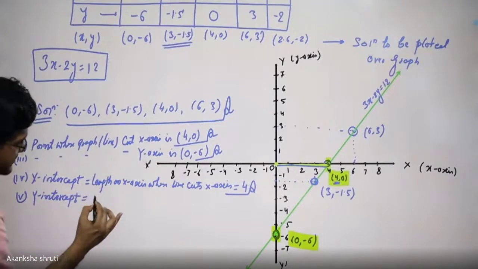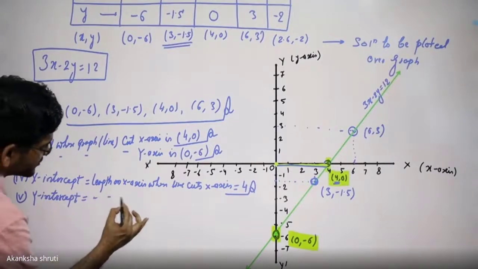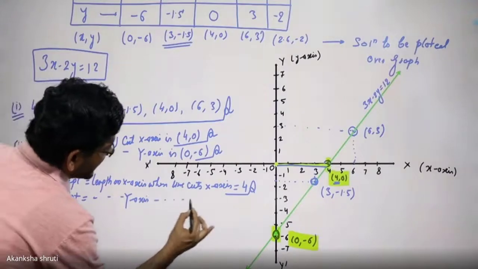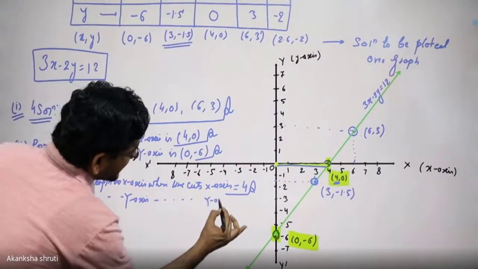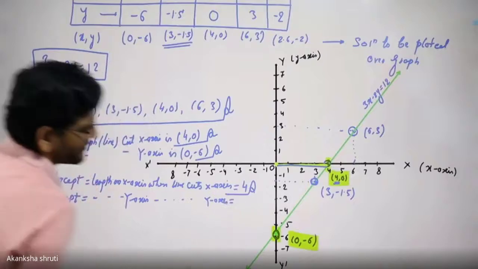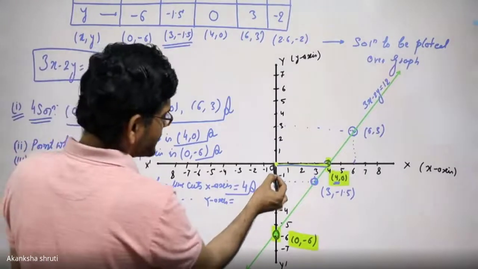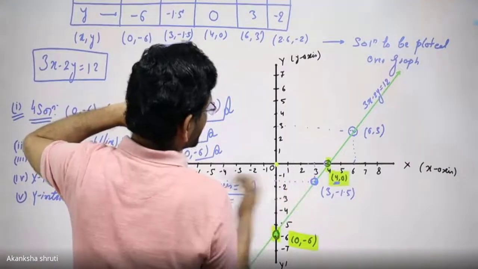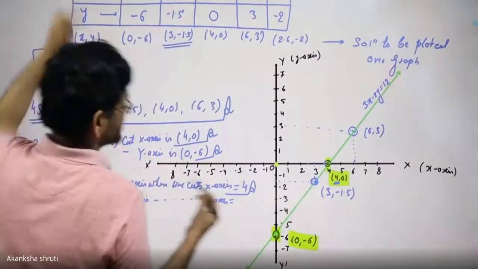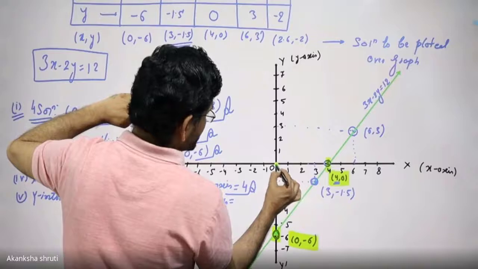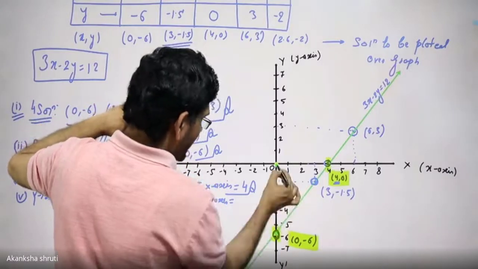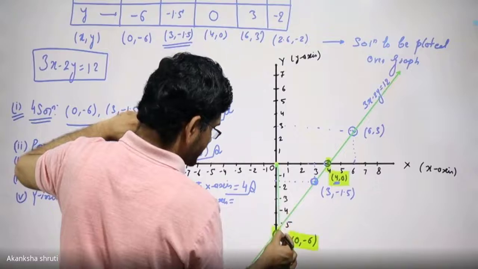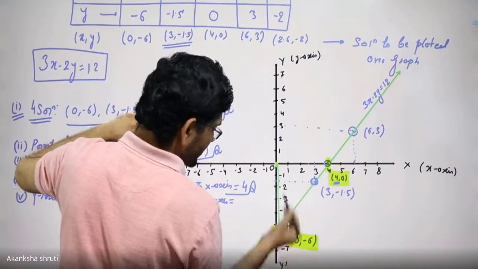Y-intercept, the same. It is the length on the y-axis where the line cuts the y-axis. Students, keep in mind, start from the origin. So starting from the origin, we have to move along the y-axis so that we can reach the point where it is cut by the line.